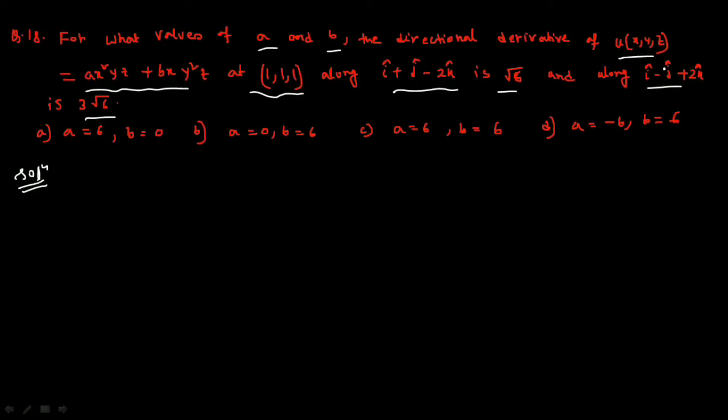Okay, so what you have to do, you have to take the dot product with the gradient of u. So first you have to find out the gradient of u. So what will be the gradient of u?